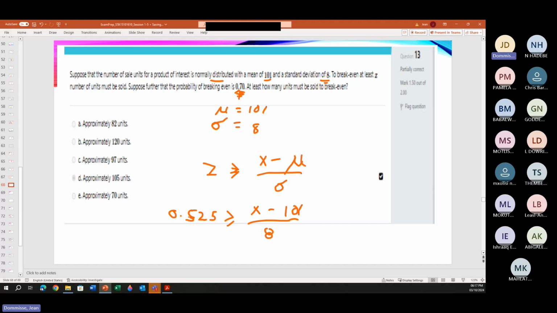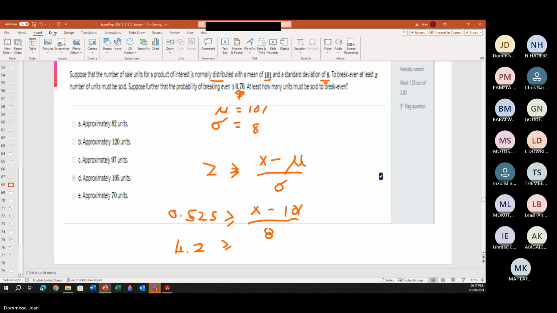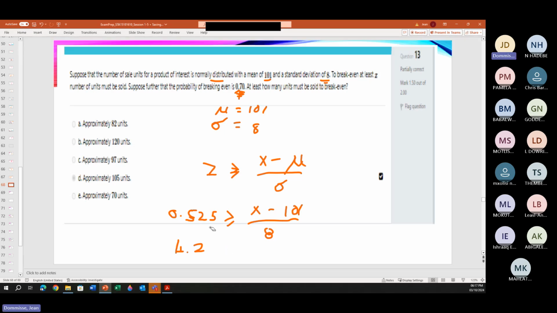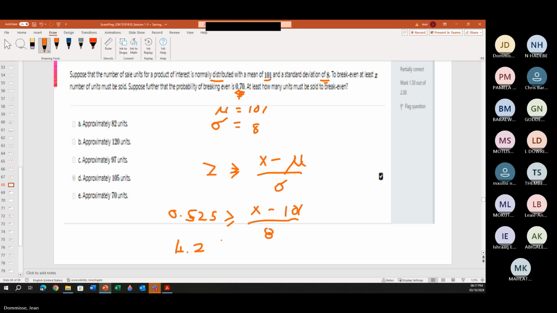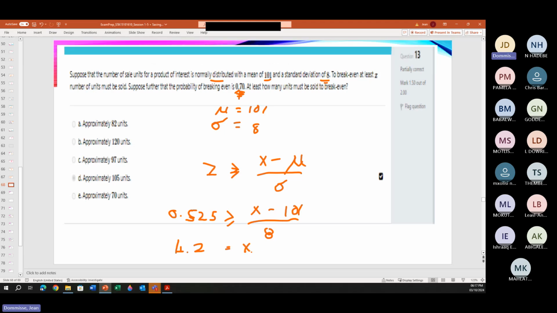So multiply out by 8 so that we can get rid of that fraction. So 8 times 0.525 is 4.2, equal to, and now we can just change it to equal because we're working out the formula, x minus 101. So if I take that to that side, I get x equal to 105.